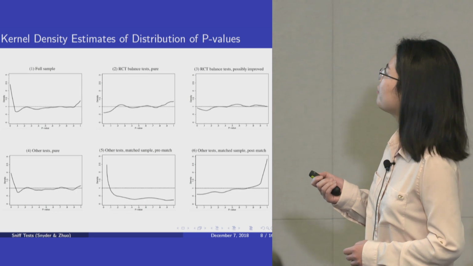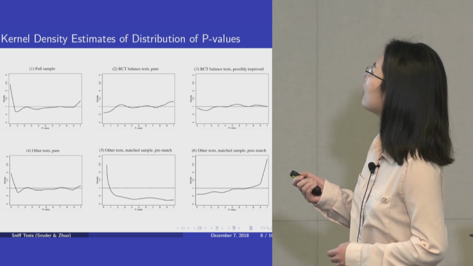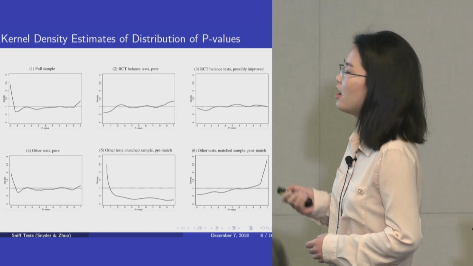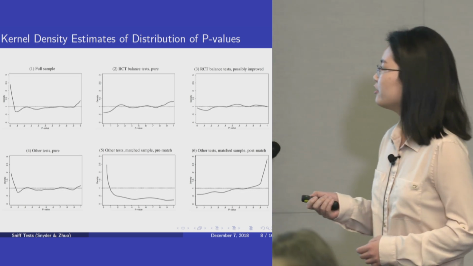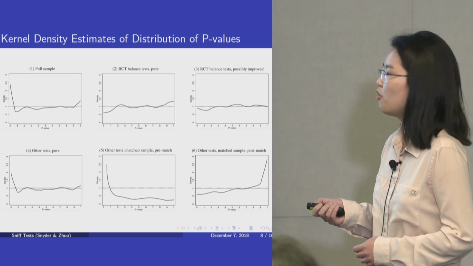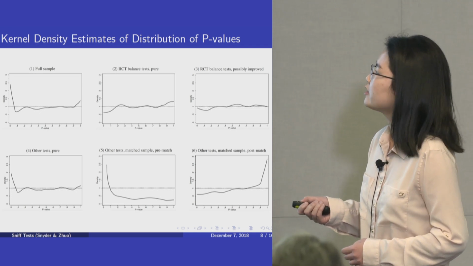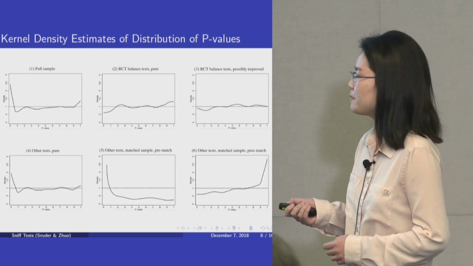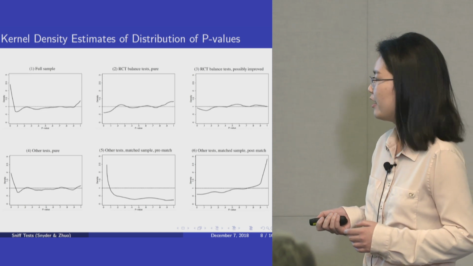The distribution that follows the uniform distribution the most closely is the sample of RCT balance tests where techniques to improve balance are possibly employed. And for all of our tests where no balance improving techniques are employed, we see something similar to the full sample. And this first does not suggest that there is no publication bias.